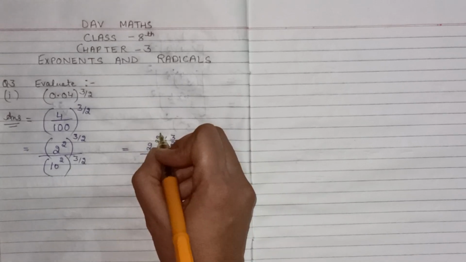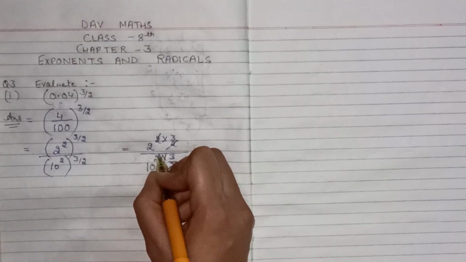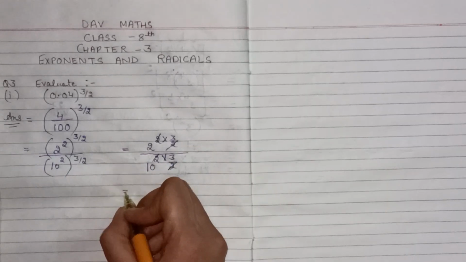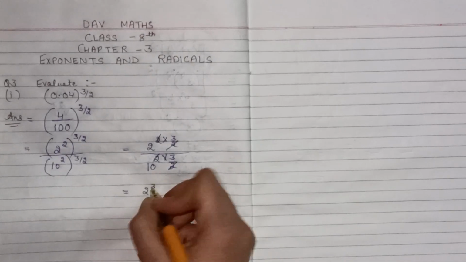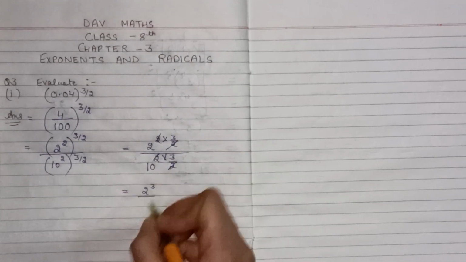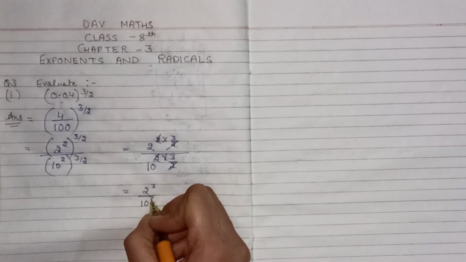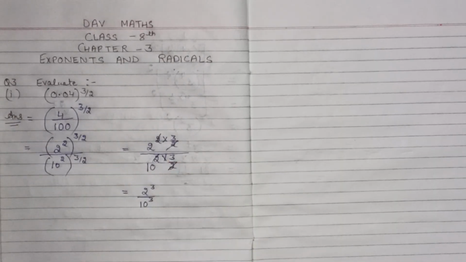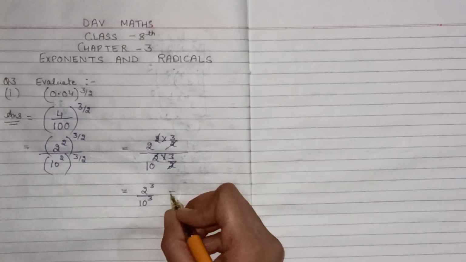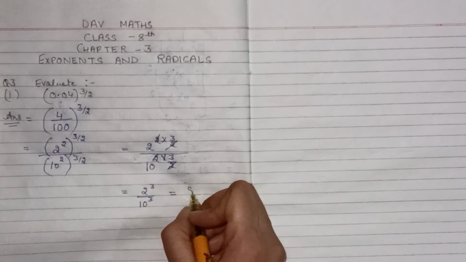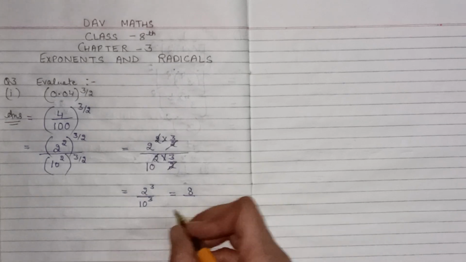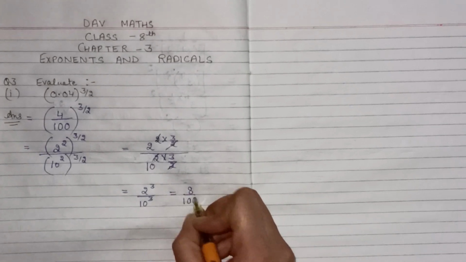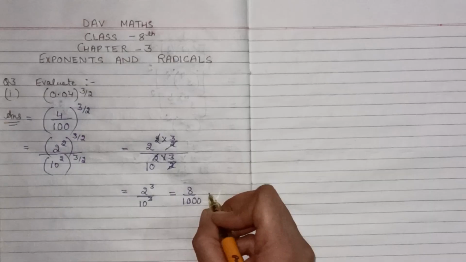This 2 cuts this 2, and this 2 cuts this 2. So we have 2 raised to power 3 in the numerator and 10 raised to power 3 in the denominator. 2 raised to power 3: 2 twos are 4, 4 twos are 8. And 10 multiplied by 10 multiplied by 10 is equal to 1000.